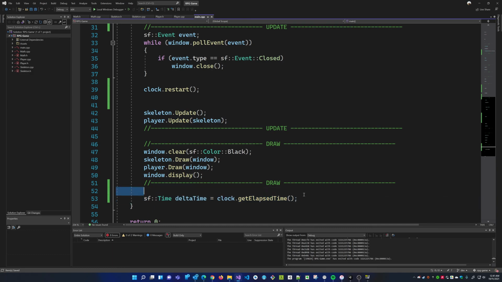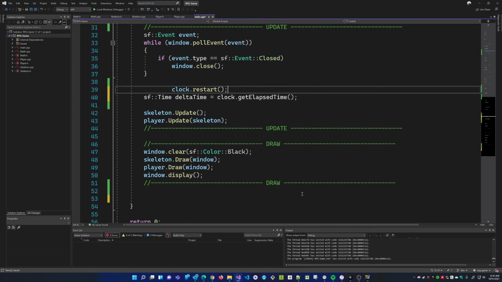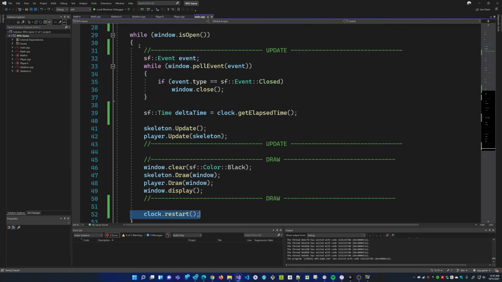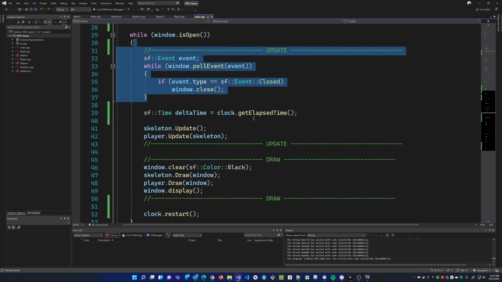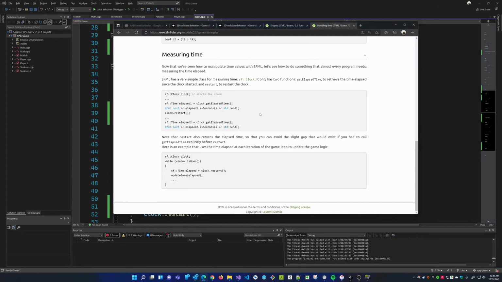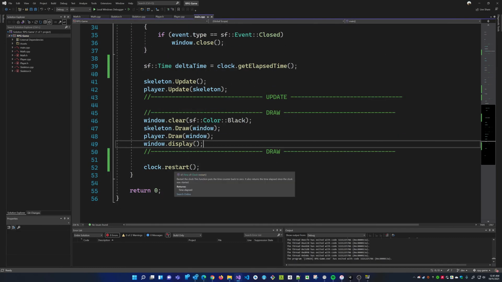So if it's at the bottom, that's a problem. But if it was at the top, then I restart my clock, I measure how long this is taking. So this is going to be a problem. Yeah, so see, he's restarting it here. Elapsed. Clock.restart. What does clock.restart give me?